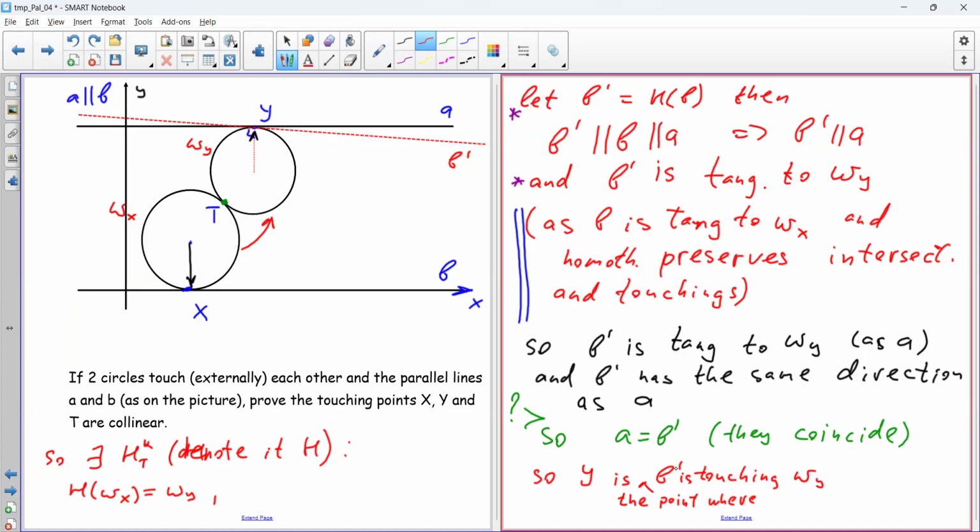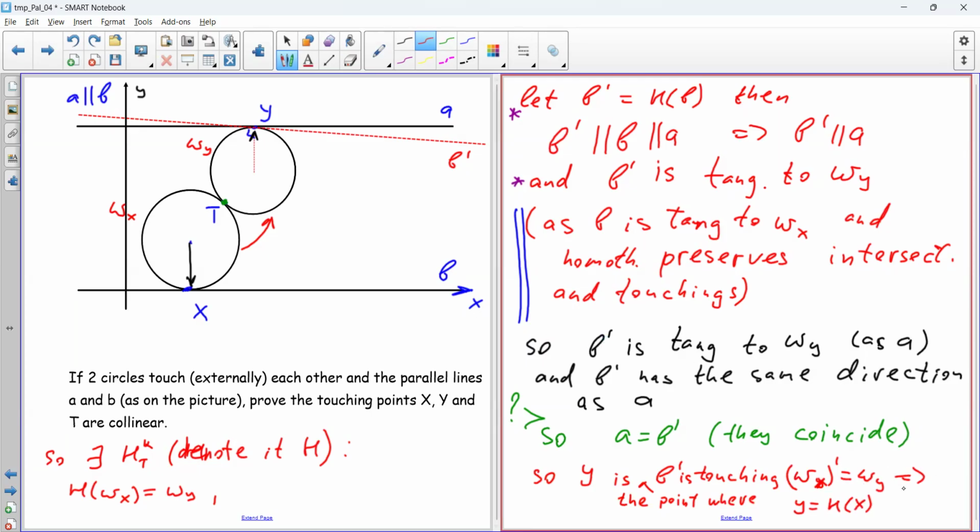So not omega Y, but omega X prime, which is omega Y. So that is how we show that actually Y is the image of the homothety of X, right?